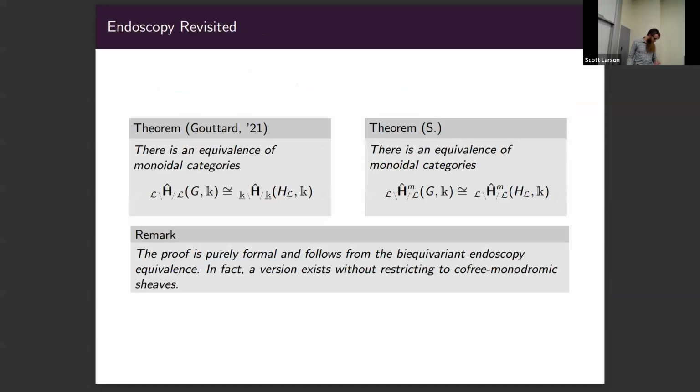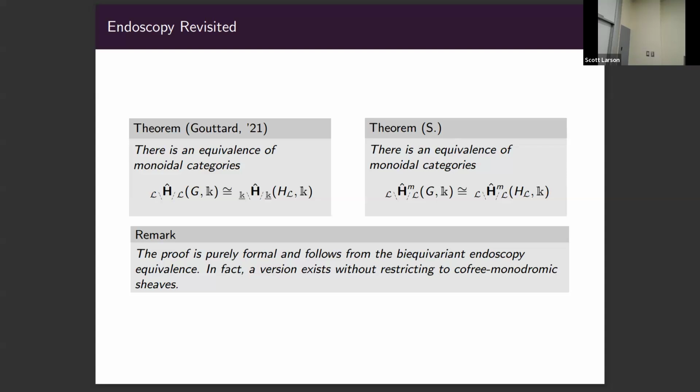Okay, so the next part of this is that we can formally will an endoscopic equivalence into existence in this purely formally induced monodromic way. So Guittard in 2021 proved in the non-mixed case, in positive characteristic, that there's some endoscopic equivalence of this form.